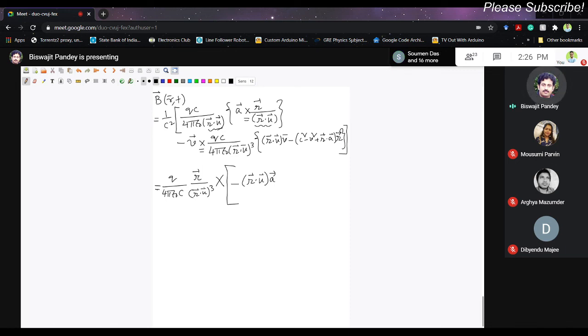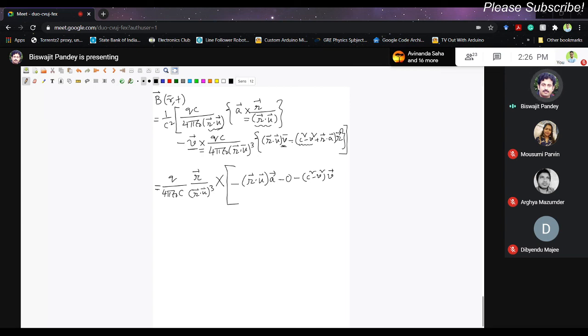See the next step. You see V cross V, so this term will be 0, simply 0, minus 0. Then comes this term, c square minus v square into v. You see this v is multiplied with c square minus v square. There is a minus sign, c square minus v square into v. Why is this minus?